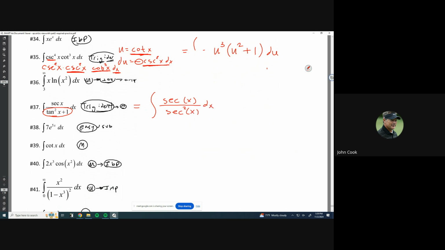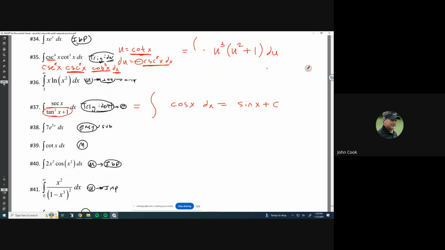And one of the secants will cancel out in the top and the bottom. And 1 over secant of x is just cosine, so that just becomes cosine. And the antiderivative of cosine is going to be sine. So sine of x plus my constant c.